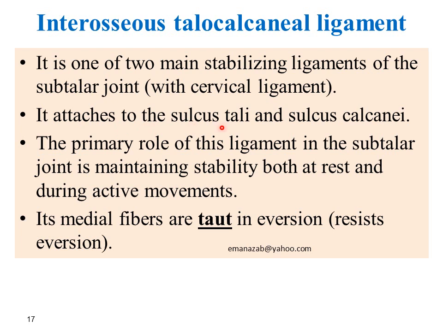It attaches to the sulcus tali and sulcus calcanei. The primary role of this ligament in the subtalar joint is maintaining stability both at rest and during active movement. Its medial fibers are taut in eversion. That's to say, it resists eversion of the subtalar joint.